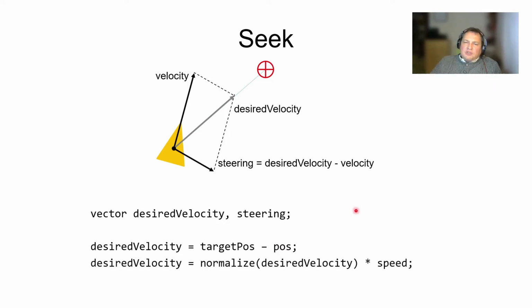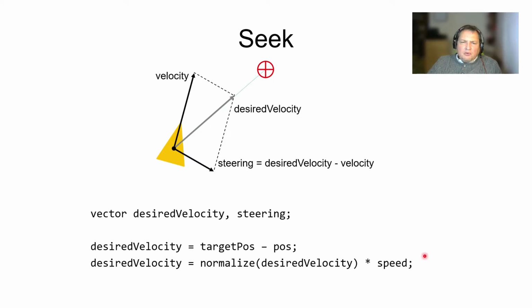Then the desired velocity has to be normalized, because we don't want a very high desired velocity just because the relative position of the goal is far away. Okay, so by normalizing the desired velocity and multiplying it by speed, the desired velocity will keep the constant speed of the movement.